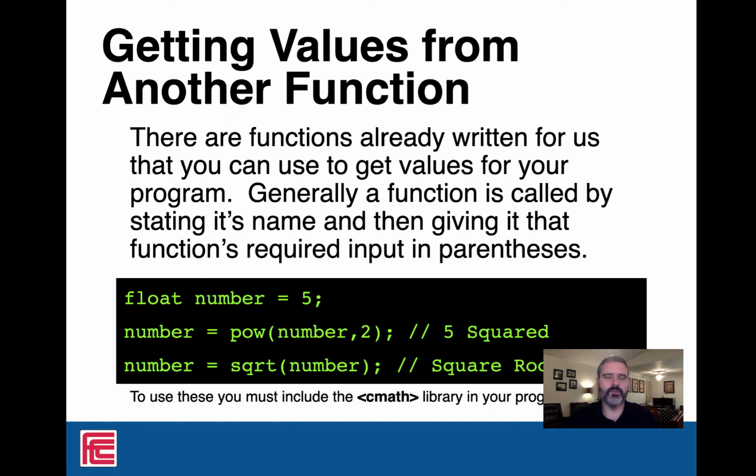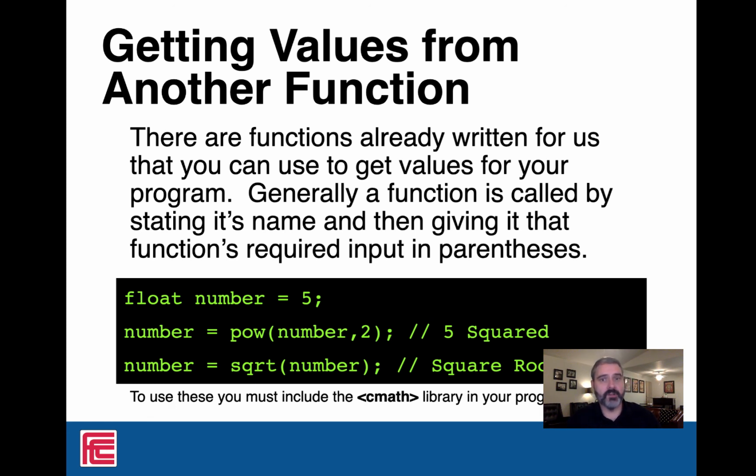So if you want to do exponents, you either have to do a loop and actually multiply that many times, or you can call the pow function, sending whatever variable you want, or literal, or an expression that will evaluate to something, and then comma, the second thing you send is the exponent you want it raised to, and you can calculate that too.